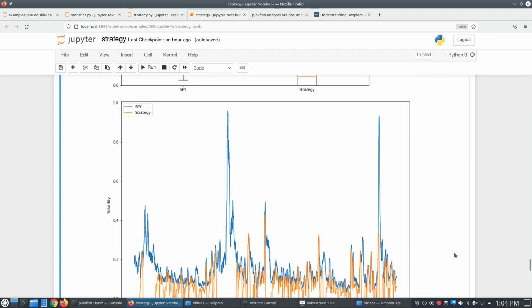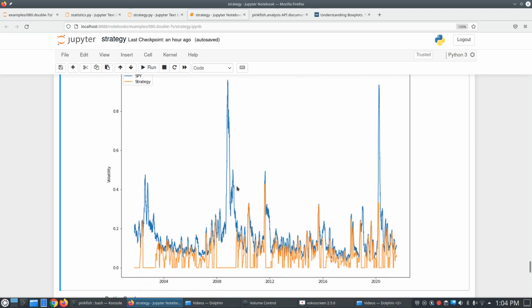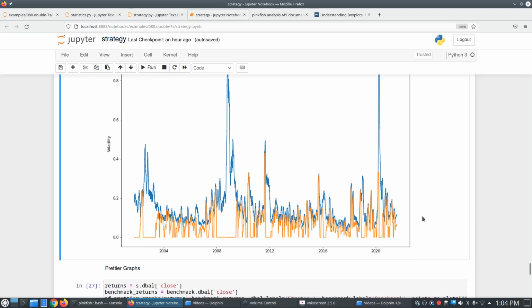And we don't see that in the strategy. We see a volatility that sort of follows the benchmark until the benchmark gets really bad, and then the strategy, because it has a regime filter, just gets out of that and doesn't involve itself in that massive volatility.